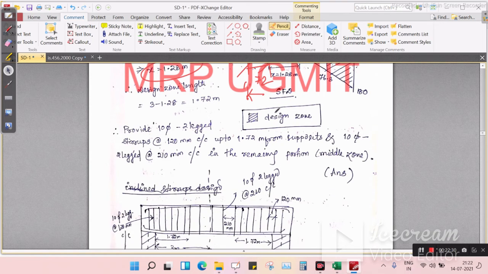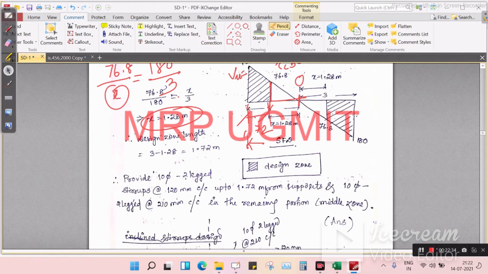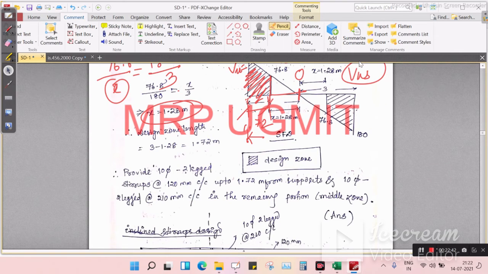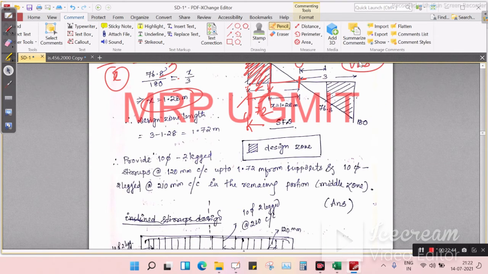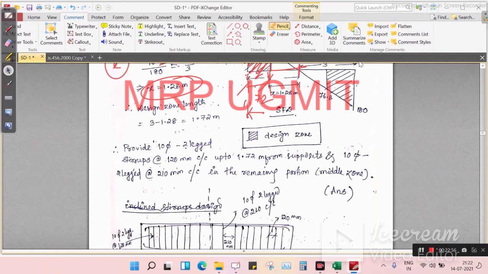So our final answer is, this hatching portion is our design zone. This portion is our design zone, that is Vus zone, that is Vu minus tau cv d zone. So provide 10 mm 2 leg stirrups at 120 mm center to center up to 1.72 m from support and 10 mm 2 leg stirrup at 210 mm center to center in the remaining portion, middle zone.